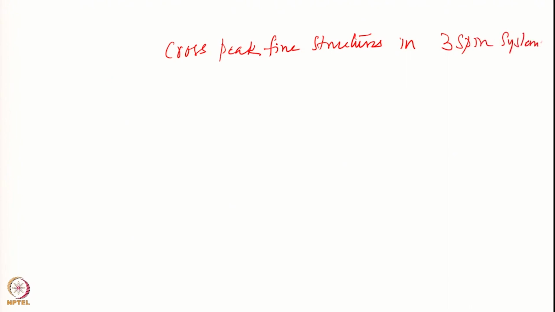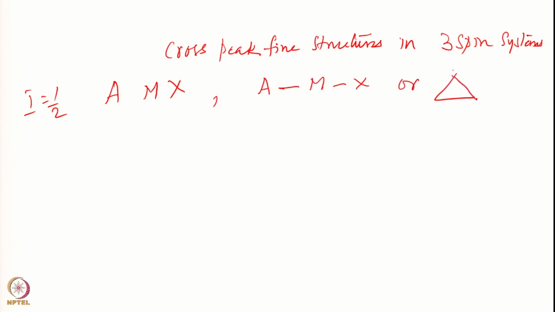Let us say the 3 spins are A, M, X, okay. These are all of spin half, all of them are I is equal to half, okay. So we label them as AMX, and of course these can be connected in two different ways, AMX or this way also. So this is the way you can have two different patterns here.